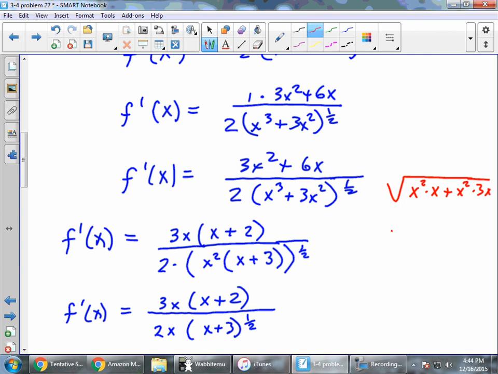And then that becomes the square root of x squared times the square root of x plus 3x. And so we can then say that this is x times the square root of x plus 3.